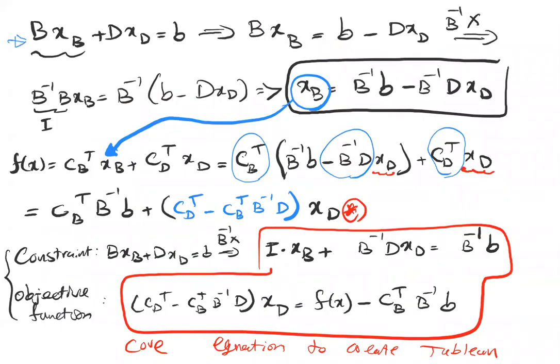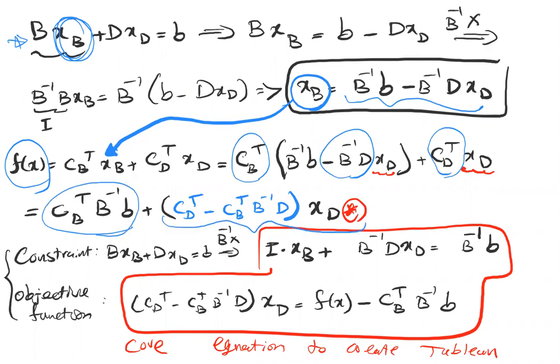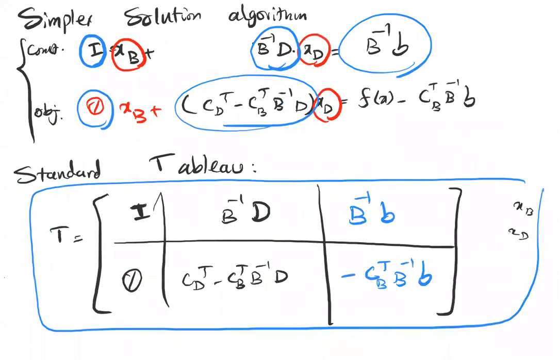You start from the constraint, then you try to keep the base variables at the left side and write them based on the non-basic variables. Then you insert this in your objective function and write the objective function in terms of some constant terms plus some vector multiplied by your non-basic variables. And again, you write the constraint in this form. Based on this, you can determine your Tableau.